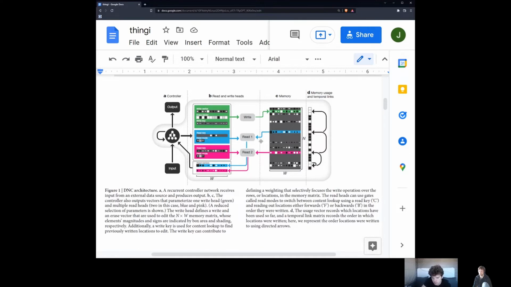You have an output from the controller network and it tries to match it based on some kind of distance measurement. They use the cosine distance, so basically a dot product, and then you can find the most appropriate answer from the memory. Then you can read out locations moving forward or backwards in the order they were written in. So they don't have to be specifically sequential inside the memory.